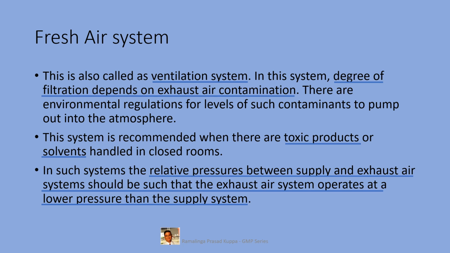That means the exhaust should work slower than the air supply. The risk assessment should decide the pressure rating of inlet air and exhaust air. Air filtration and air change rates should be set to ensure that the defined room conditions are attained.